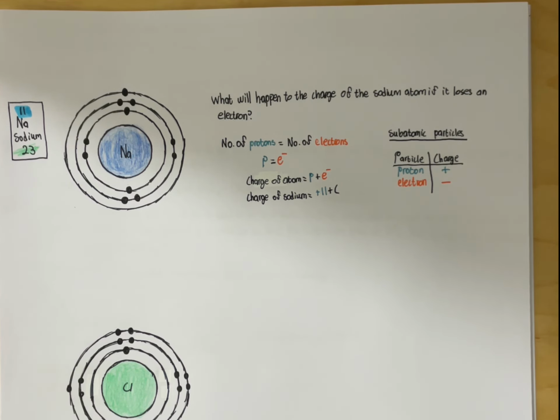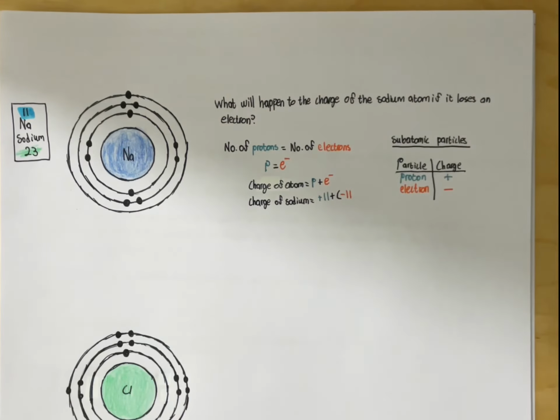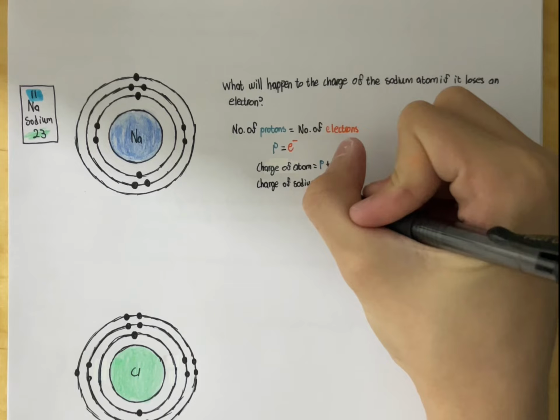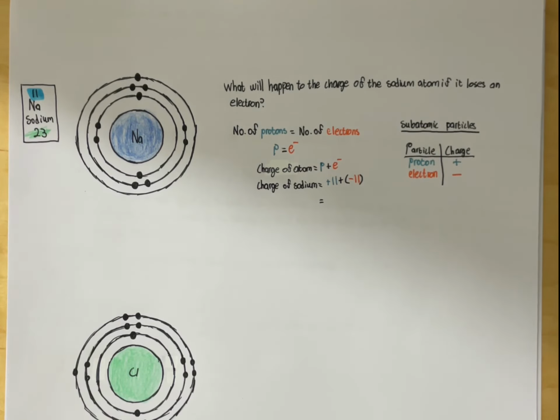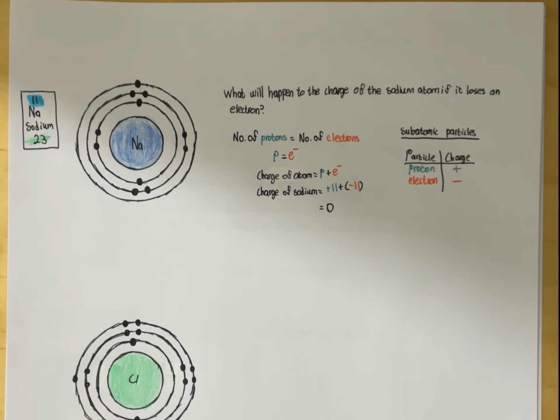So 11 plus negative 11 is 0, and the charge of sodium is 0. It's going to be like this for every atom, because every atom has the same number of electrons as protons.